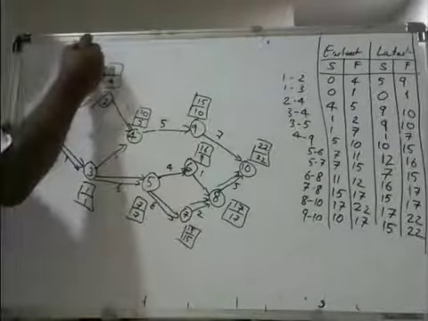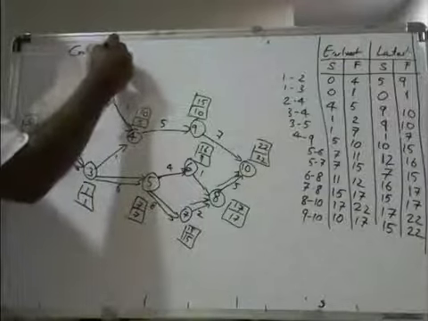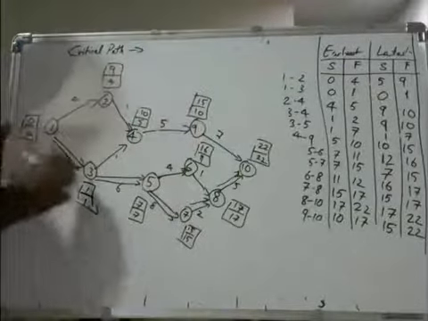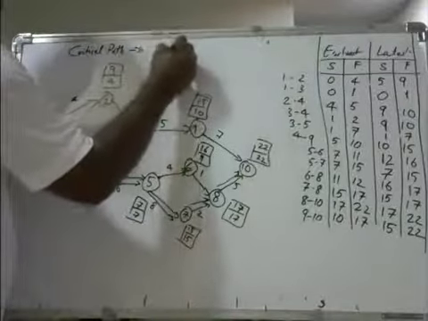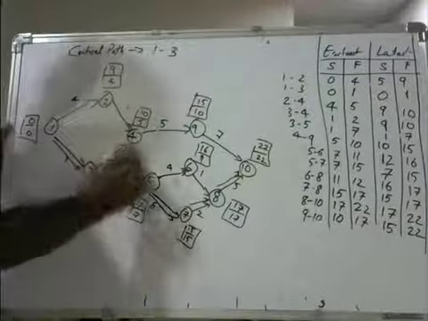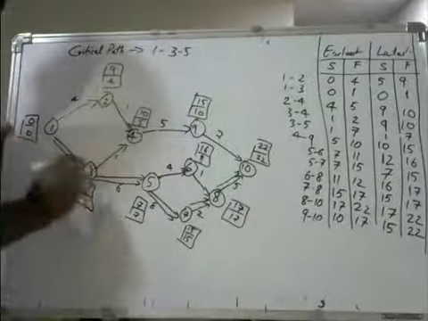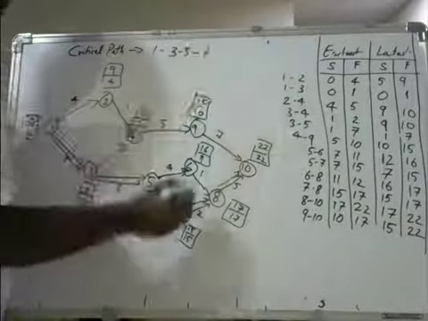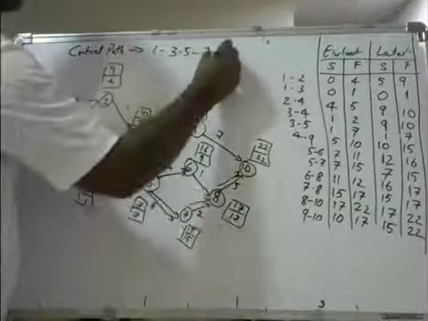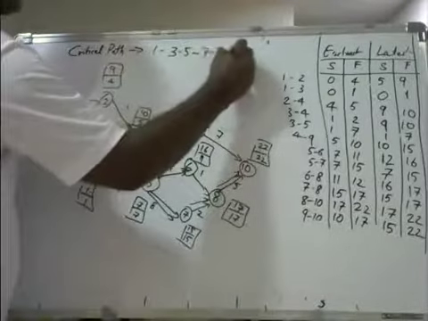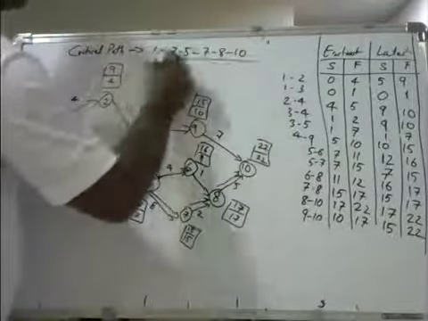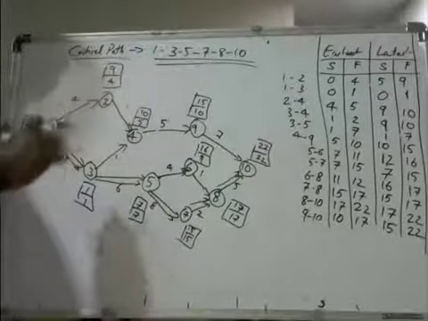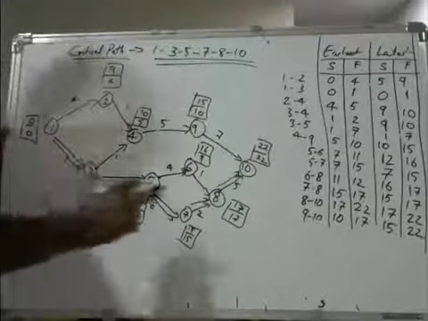So the critical path for the problem is 1 3 5 7 8 and 10, and the total project duration is 22.